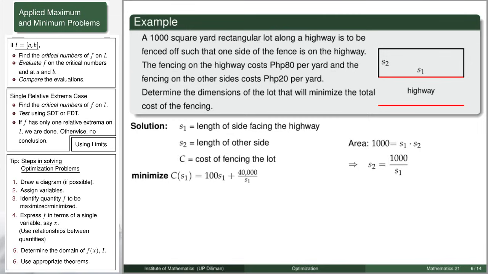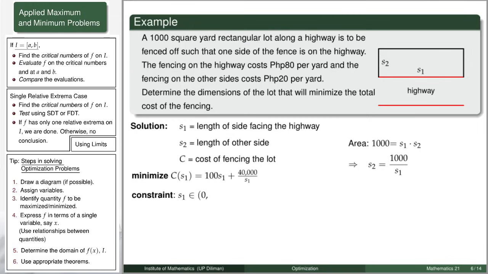We are now done with number 4, so it's a matter of finding the domain. Now, unlike the first two problems that we had in the last video, getting the interval here is not that simple. It's still easy to see that S1, being a length, should be positive, and thus our constraint should mean that S1 is an element of 0 to something. The problem is we do not have a limit to that number, primarily because if I make S1 bigger, there is no limiting quantity there.